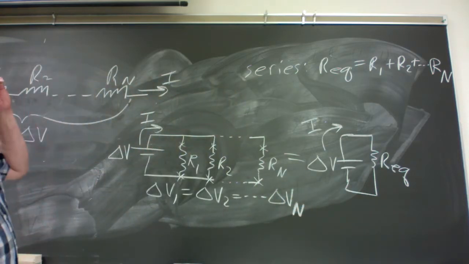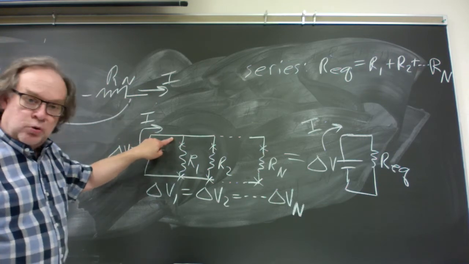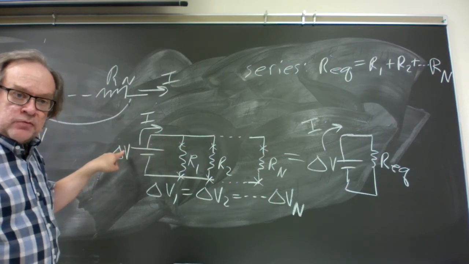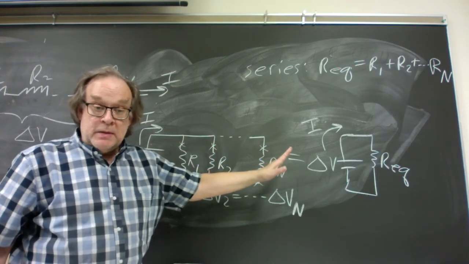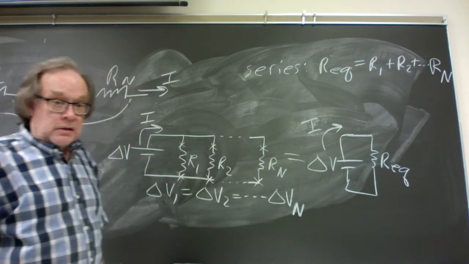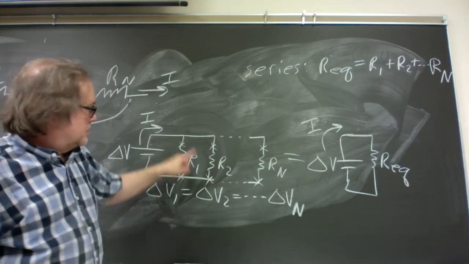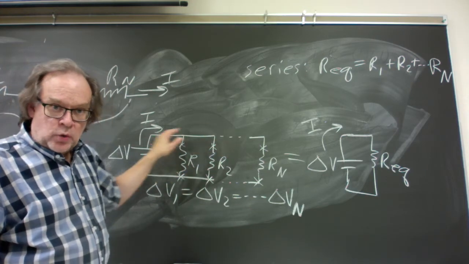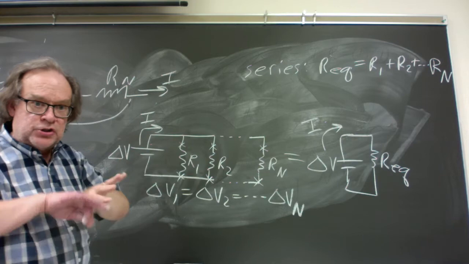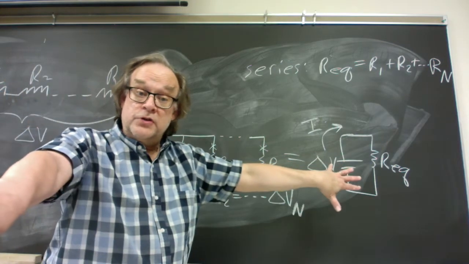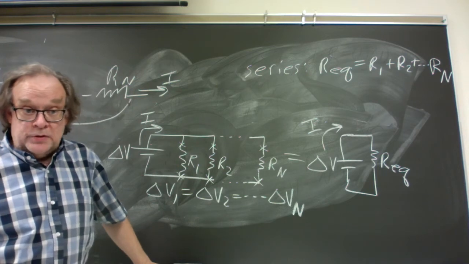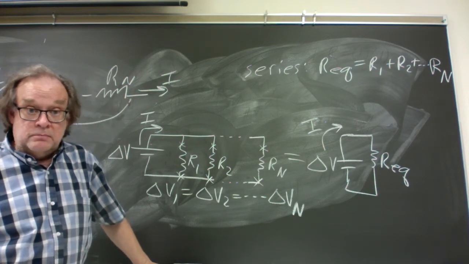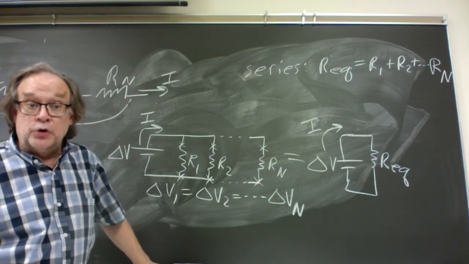Now, the current that gets pushed away from the potential difference source gets split up into many different paths. In the way the book describes it, this is a junction, where you've got one current coming into the junction and then it flows out in a whole bunch of different paths after leaving the junction. And one thing to remember there is simply that current in is equal to current out.